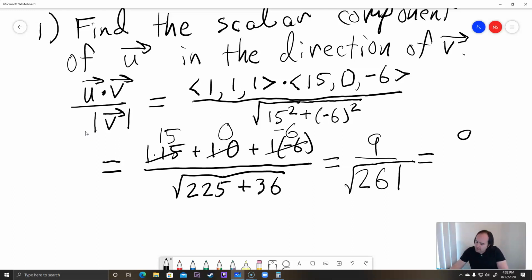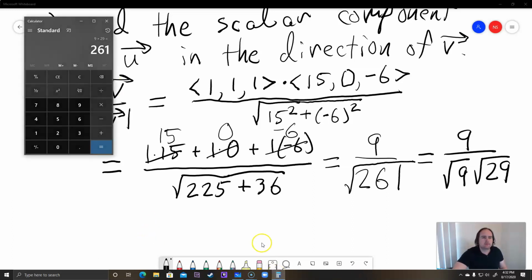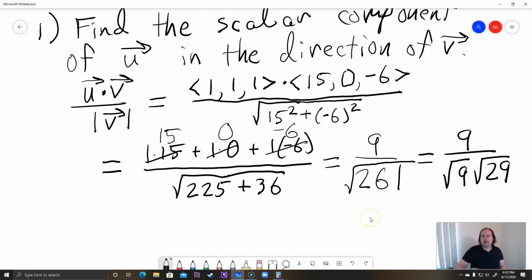What we have here is, in the denominator, the square root of 9 times the square root of 29, because 9 times 29, we said, was 261. Simplifying that, we know that the square root of 9 is 3.